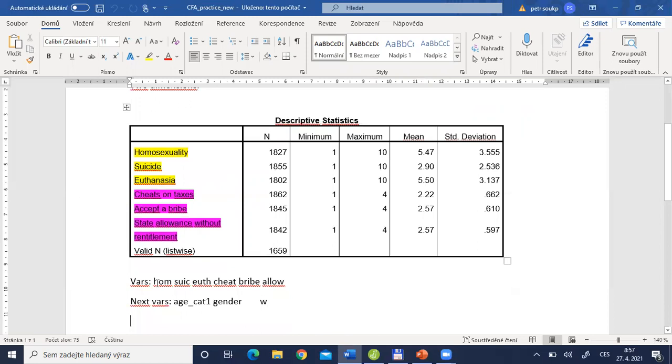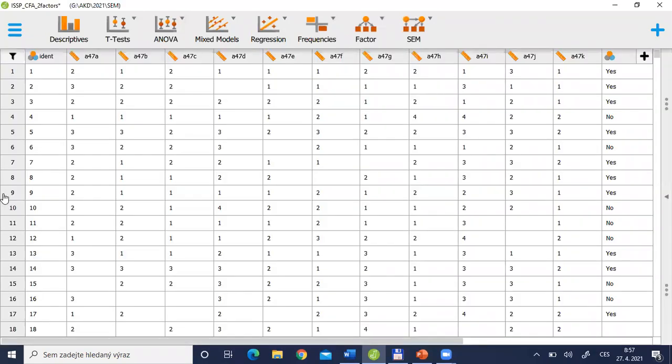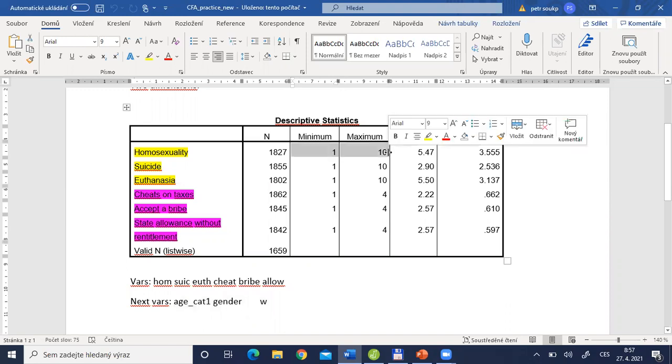Names of variables should be like these. There are also some other variables, but they are not necessary. Before you start to compute in JASP, I would like to recap that if you want to perform CFA in JASP, all variables should be scales. If they are not defined as scales, first of all, you must define them as scales. You can see that the first three items have minimum and maximum 1 to 10, so they are real scales.